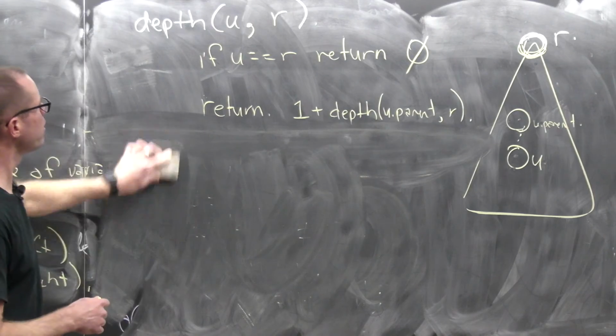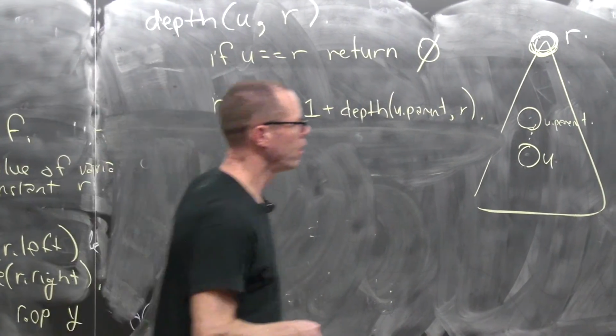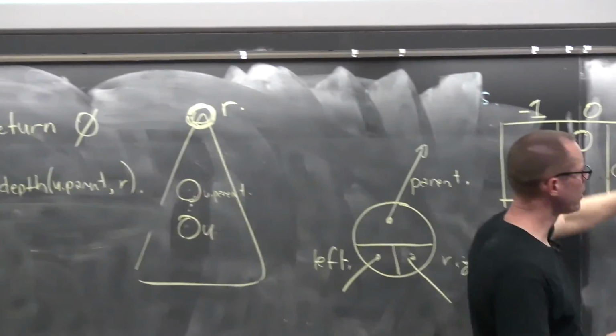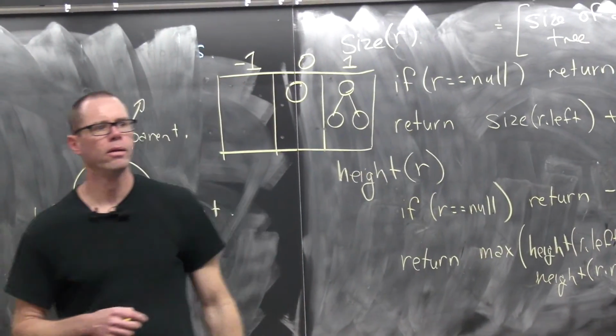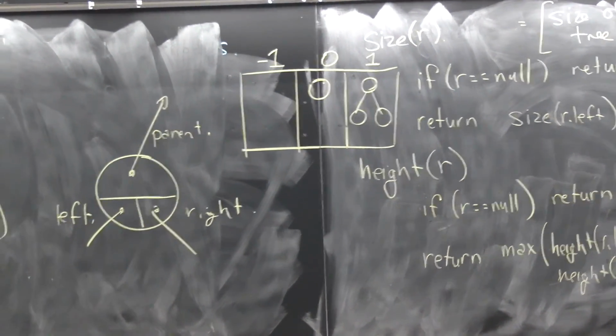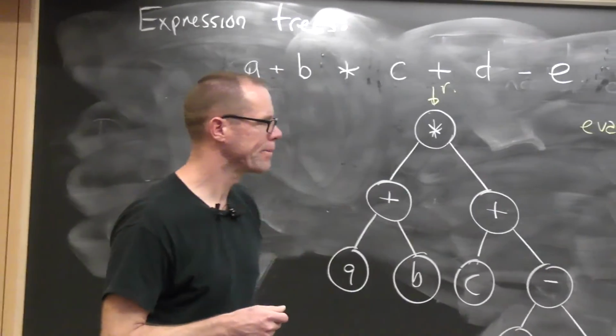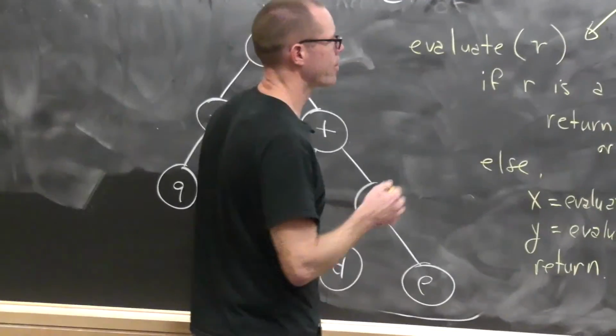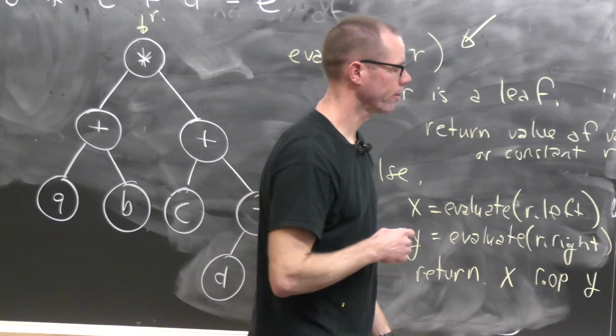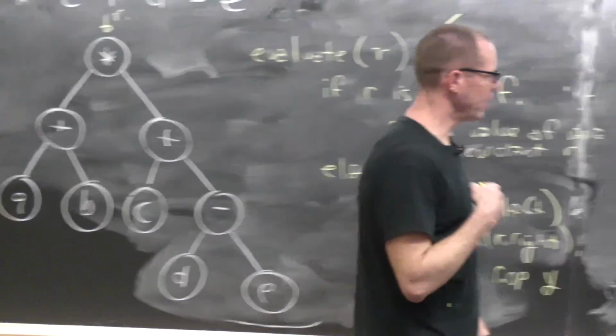What's the difference between this function and, let's say, this one? Yeah. There's only one path for the depth, while for size, we have to keep track of 2 different paths.